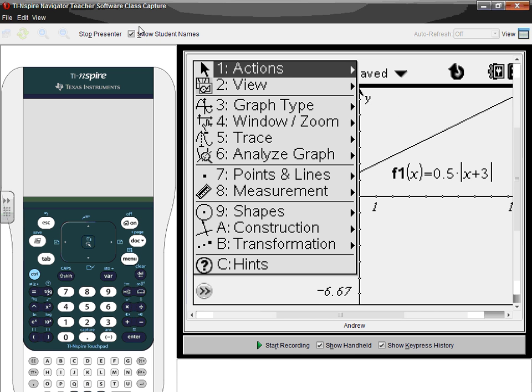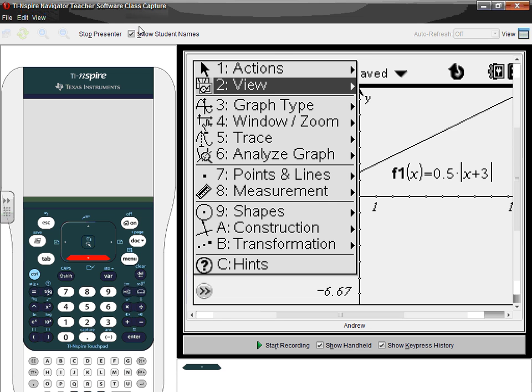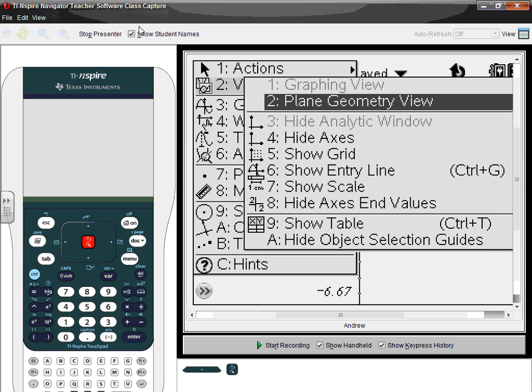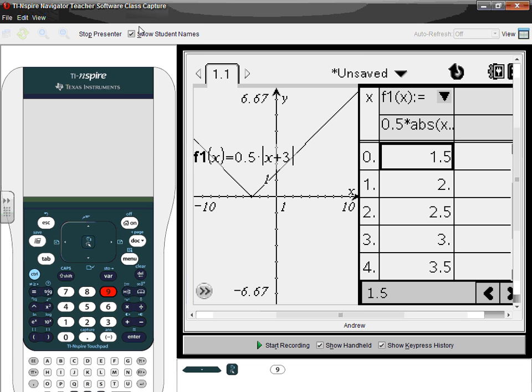Hit menu, and then I want you to go to view. And then we want to see the XY table, because I want to see 5 specific values on there. So go to the XY table, which is number 9. From now on, what shortcut key can we use? Control T, right? Now, do you see that currently his XY table is at 0, 1, 2, 3, and 4? Are those the values I want to see?